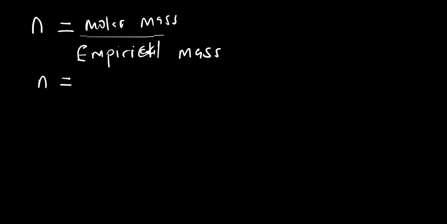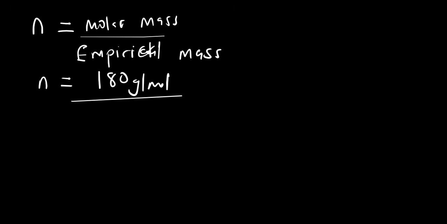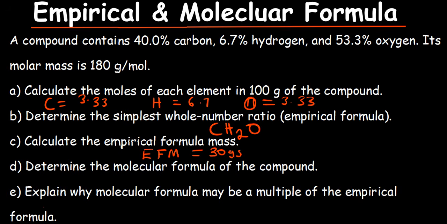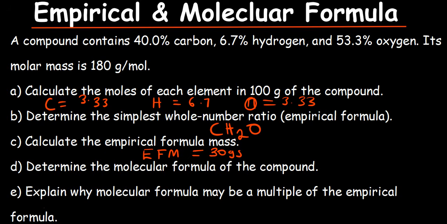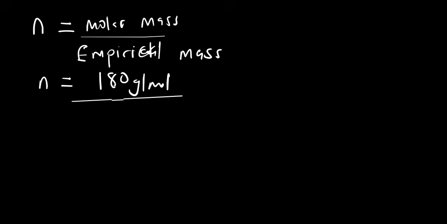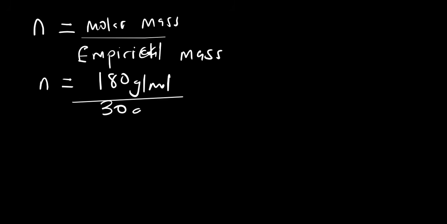Then the empirical formula mass is the one we just calculated, which we found was 30 grams. So the grams and grams are going to cancel in this case.